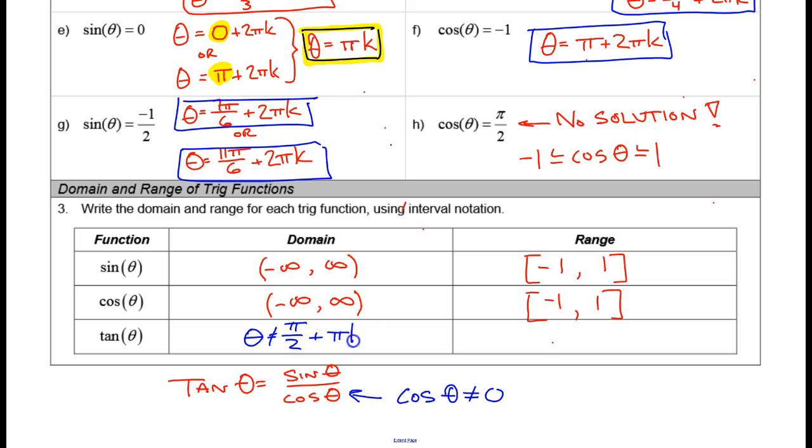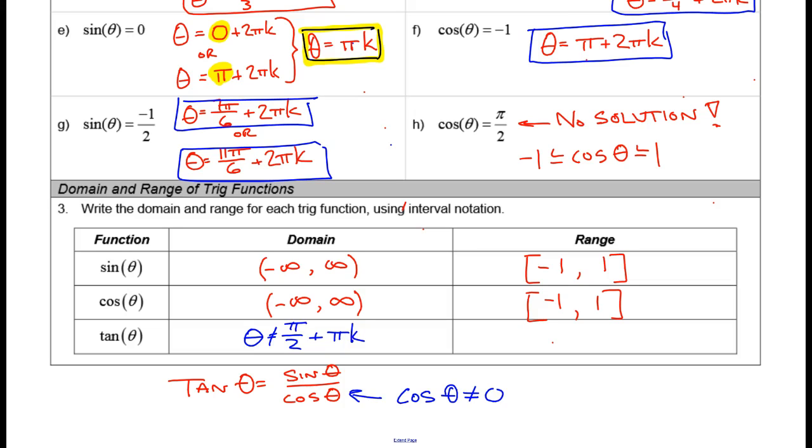So that's an example of where we're going to look at pi over 2 plus 1/2 a revolution around the circle, or pi radians, either in the positive or negative direction, and we have to take those values out of our domain. So the domain of tan theta is: theta cannot equal pi over 2 plus pi k.